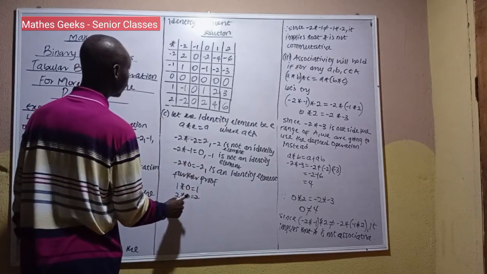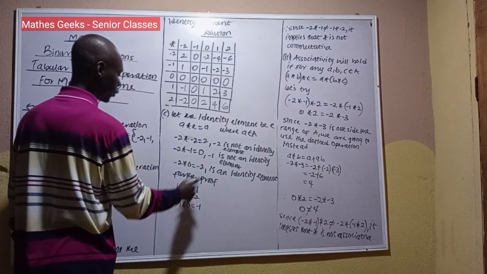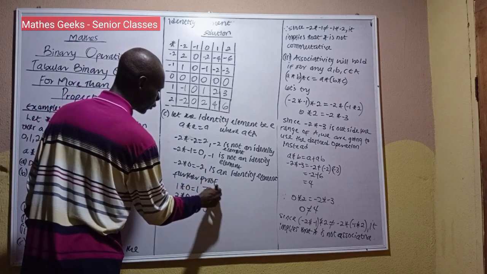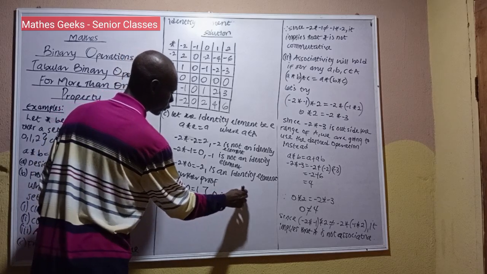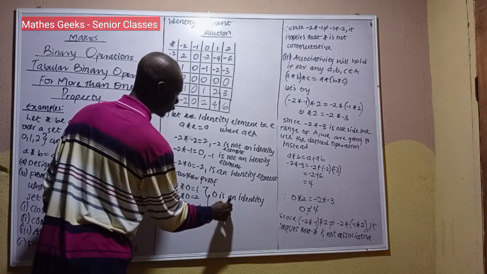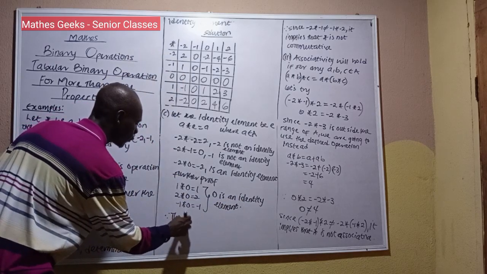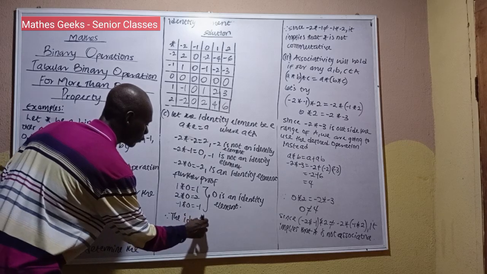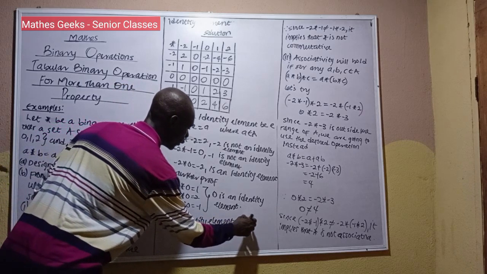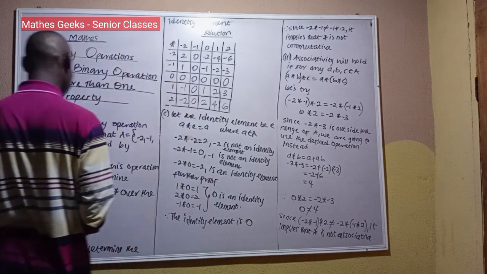It's 2. -1 operation 0 is equal to what? -1. So all of this indicates that 0 is an identity element. Therefore, the identity element is 0.